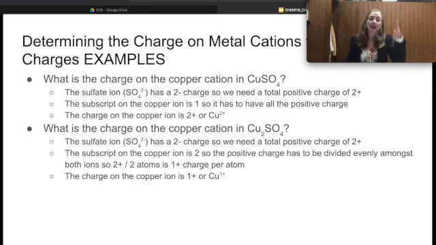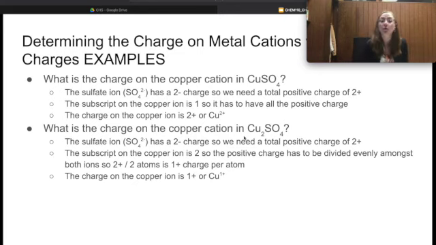I take my 2 plus charge and divide it by 2 atoms, so I have a 1 plus charge per copper atom. So the charge on the copper ion in this chemical formula is 1 plus. Up here we have Cu2 plus in our compound. Down here we have Cu1 plus in our compound.